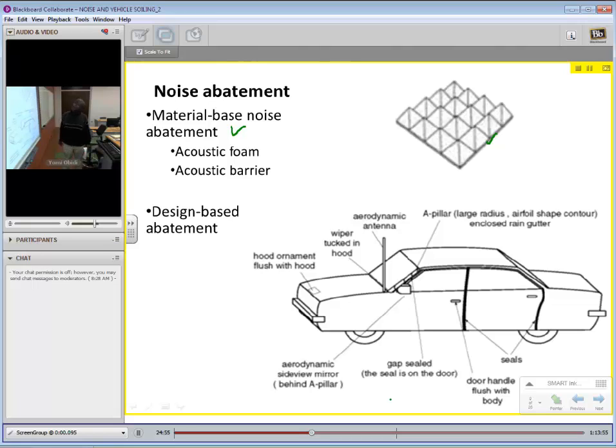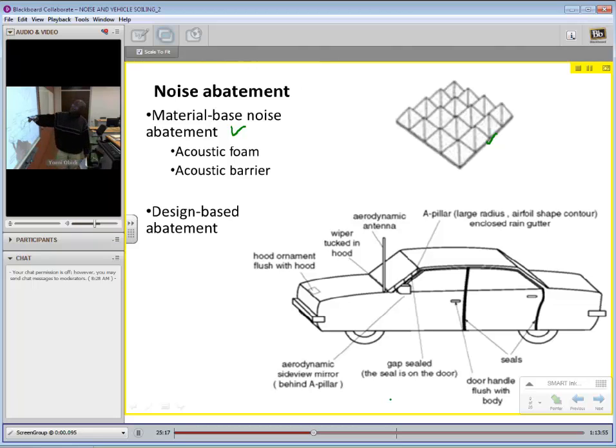Also, acoustic barriers, perhaps not so much used in vehicles. They are probably much more used in concert halls, but it's a nice amelioration device. What's common in vehicles is the acoustic foam.